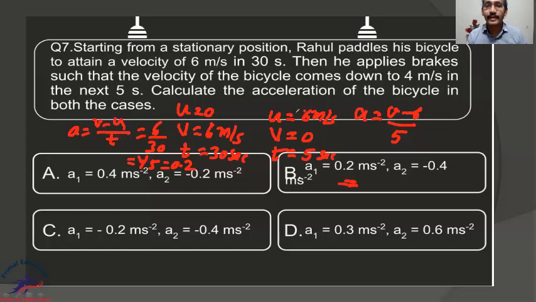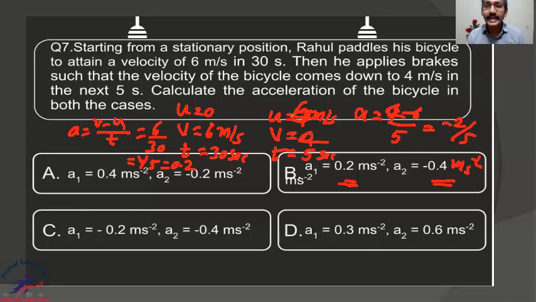This is not 0, it is 4 meters per second. So initial velocity here is 6 meters per second, final velocity is 4 meters per second. So v minus u is 4 minus 6, by 5, which is minus 2 by 5, which is minus 0.4 meters per second square.